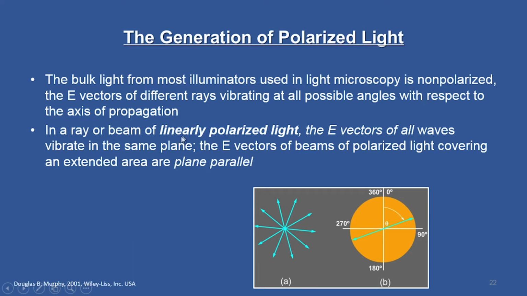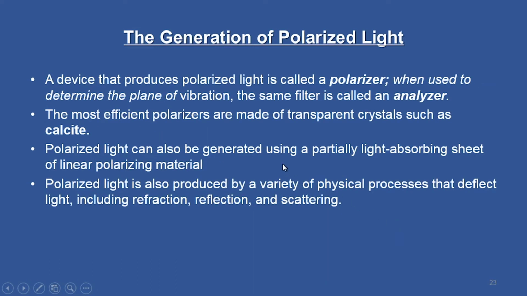In a ray or a beam of linearly polarized light, the electric vectors of all waves vibrate in the same plane. So, the E vectors of a beam of polarized light covering an extended area are plane parallel. So, this is the schematic which shows how the vibrations of the electric vectors are represented, and we will see that in much more detail.